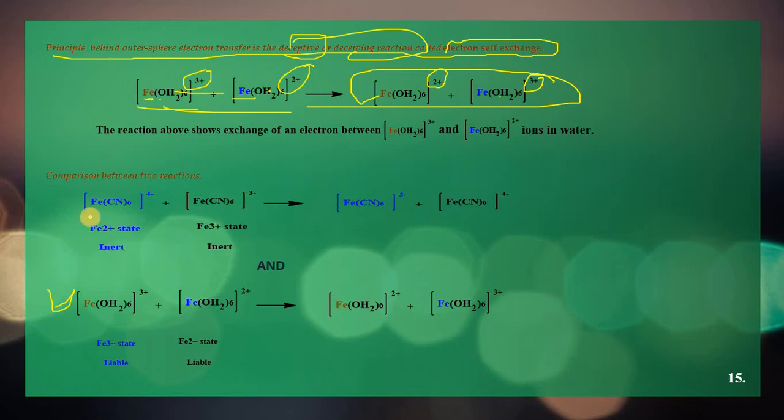We can see inert, there is a decrease. You see, there's a 4 minus here, 3 minus here, the charges 3 minus and 4 minus. For the labile ligand, there is a comparison between the two ligands. We can see H2O. There's an exchange of what? Electrons.